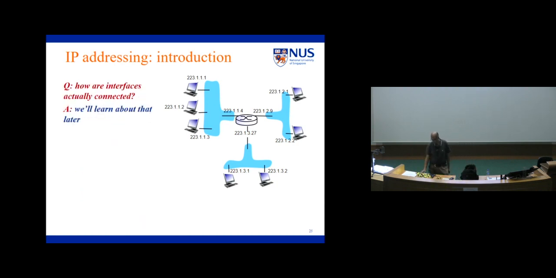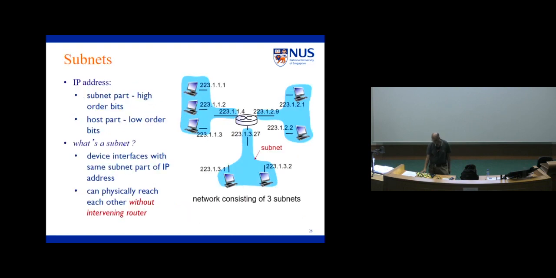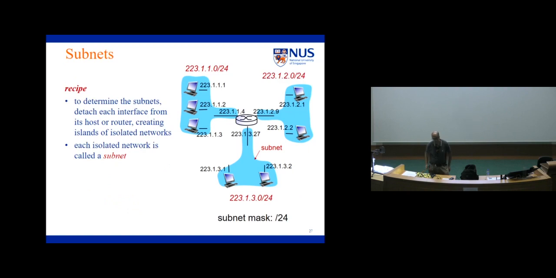So towards the end, a lot of you came up to me and were asking about subnet masks, right? So let's talk a little bit about the subnet mask. An IP version 4 address is 32 bits, right?